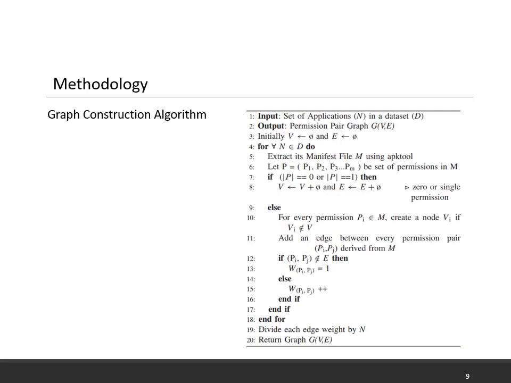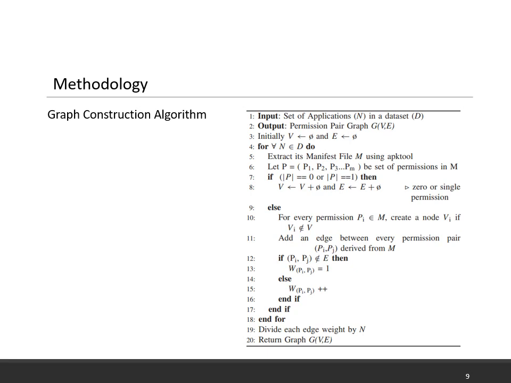As I mentioned, the first step is the graph construction algorithm. This proposed model uses a graph to represent the relationship between the various permissions in each application. The graph G has two parameters, V and E, where V is the set of vertices of the graph and E are the weighted edges between these vertices, showing the pair of permissions connected.